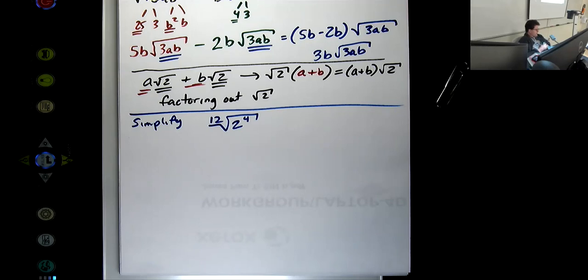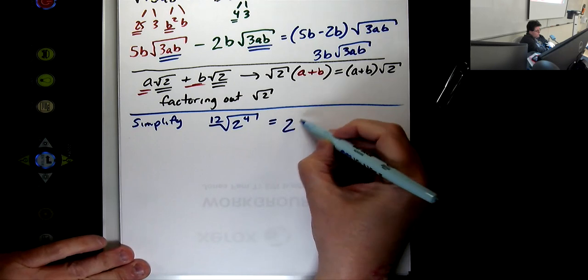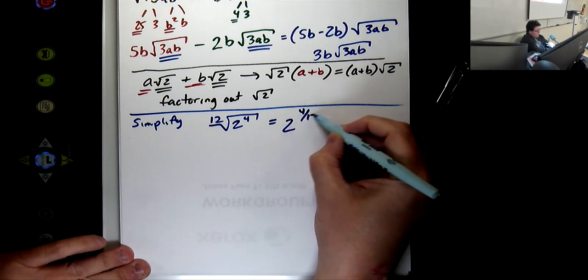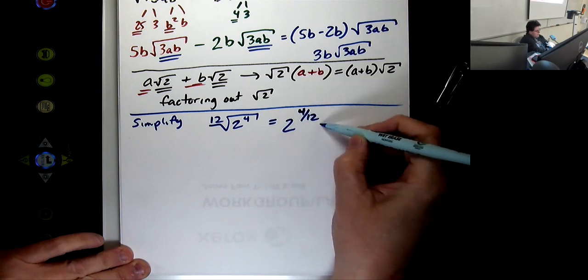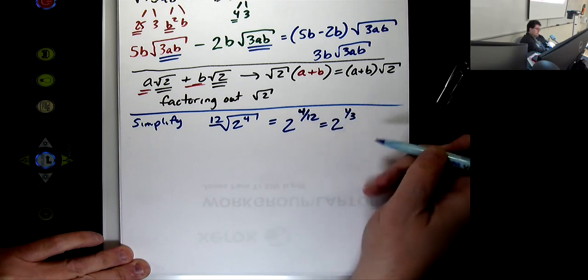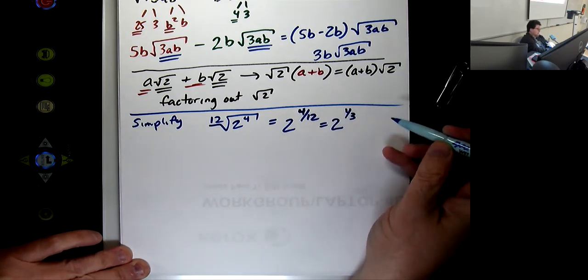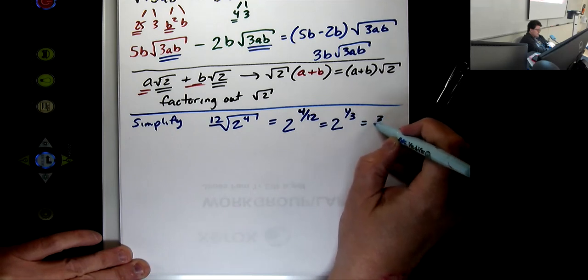But 4 is a factor of 12. So I can rewrite this as 2 to the 4th power over the 12th. And that number reduces: 4 over 12 is 1/3. And this just ends up being the cube root of 2.